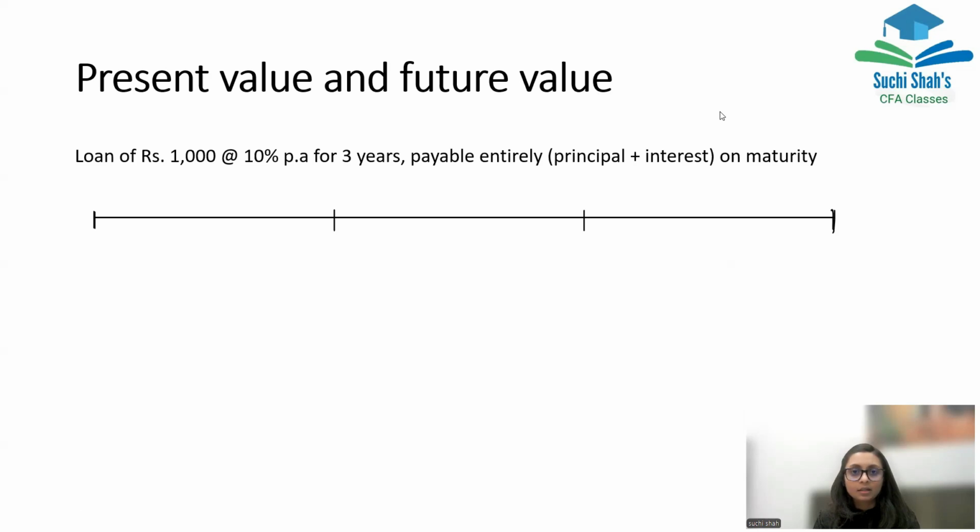Now, in this case, how will the timeline look like? So, let's say you give me 1,000 on year 0. On the first year end, okay? Your first year's interest would have accrued, paid or not, okay?